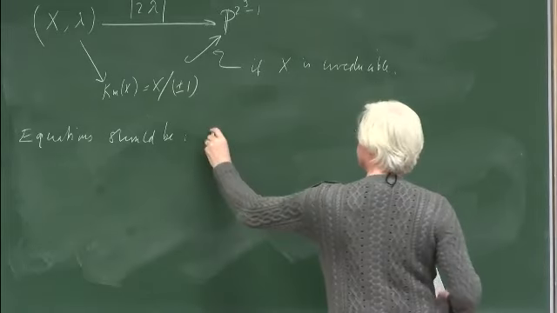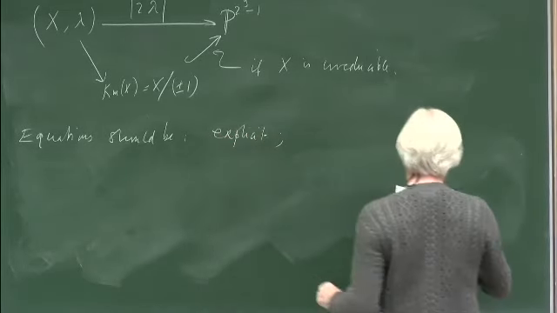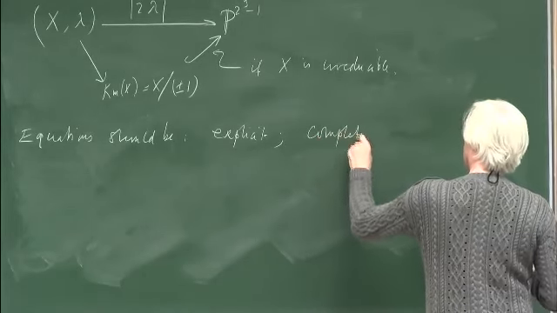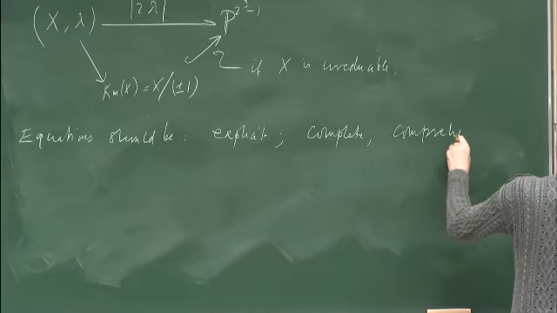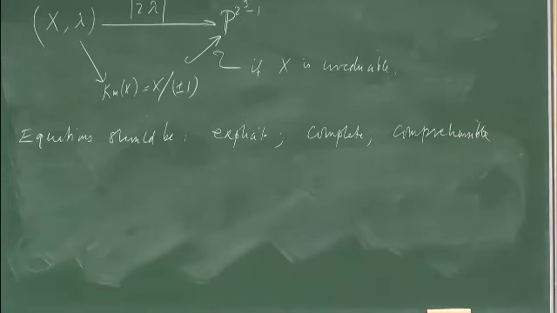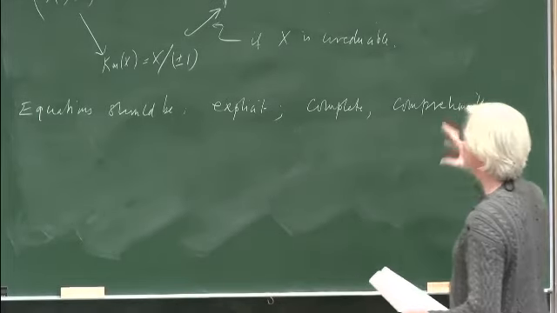They should be explicit. They should be complete. And they should be comprehensible. Okay, well, this is the basic problem in algebraic geometry, but this is almost never the case. But if you're trying to combine algebra and geometry, this is what you would like.